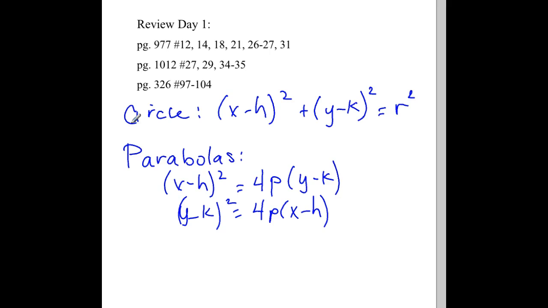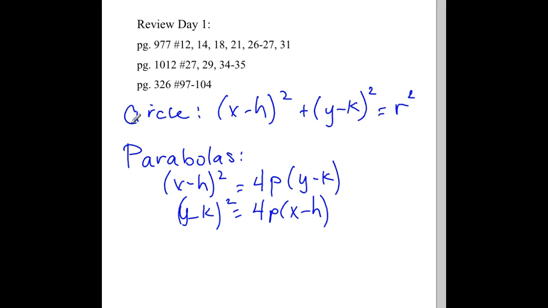How do you know which way it opens? Like up, down versus left, right? Okay, so the x squared kind open which way? Those are the up and down ones. And it might seem a little opposite of everything else that we've been talking about, right? Because when we talk about ellipses, if your vertex is moving in a y direction, we say a is paired up with y, and that helps us figure that out.